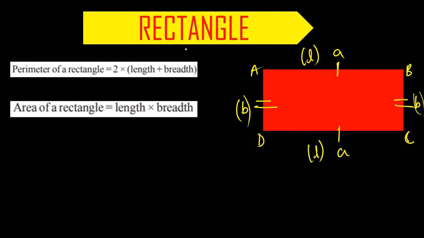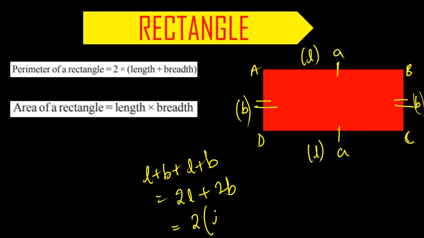So the perimeter will be L plus B plus L plus B, or the total boundary length. That is nothing but the sum of all these measurements. So it is L plus B plus L plus B, which is equal to 2L plus 2B. Same variable, so 2L plus 2B. Now I can take 2 common outside and write it as 2 into L plus B. So this is nothing but 2 into length plus breadth.